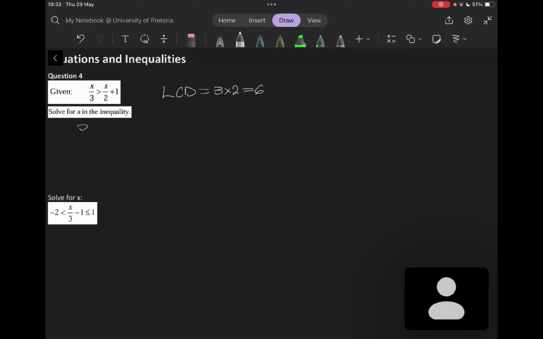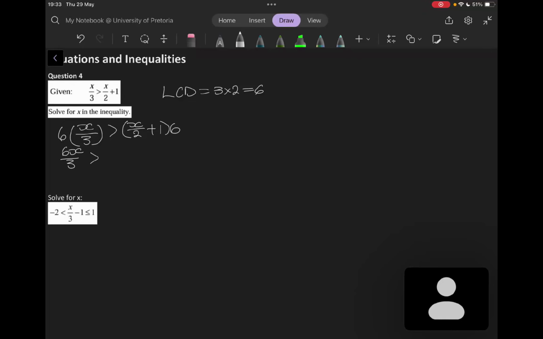So let's do that. We have x over 3 multiplied by 6, and that's on the left-hand side. On the right-hand side of the inequality, we have x over 2 plus 1, and all of that is multiplied by 6. Now let's distribute this in. We have 6x over 3 on the left side of the inequality.